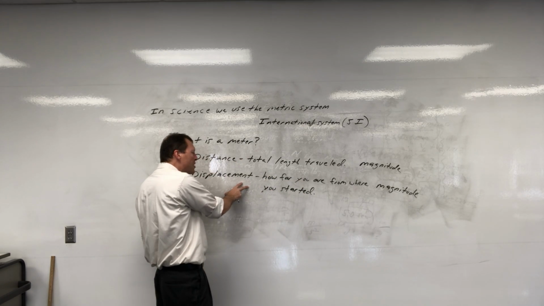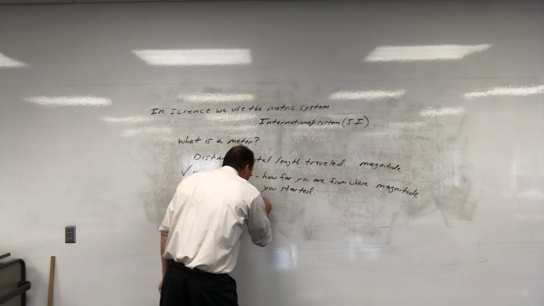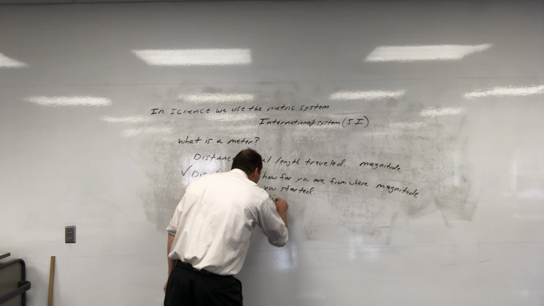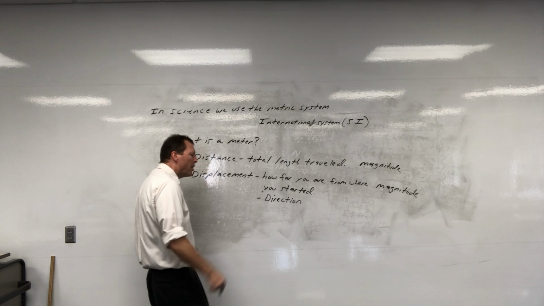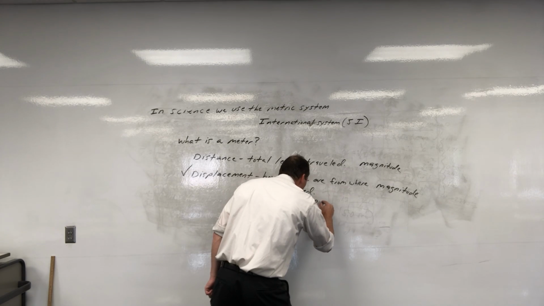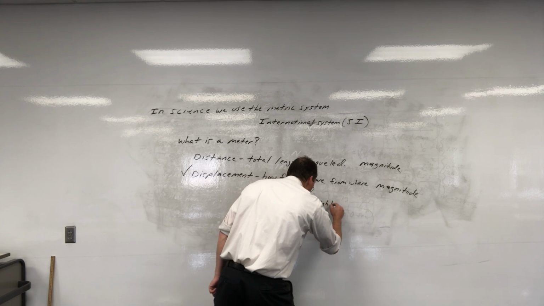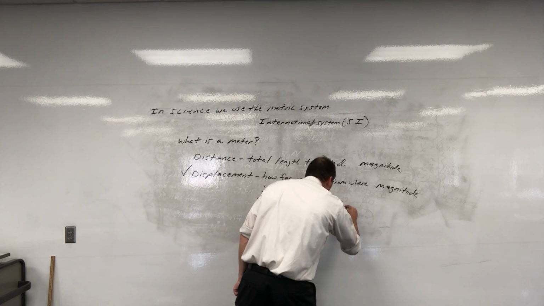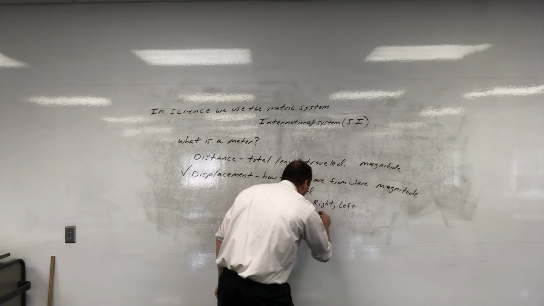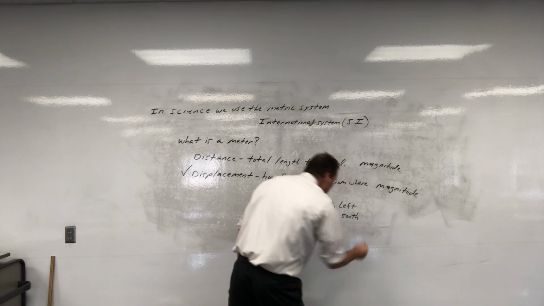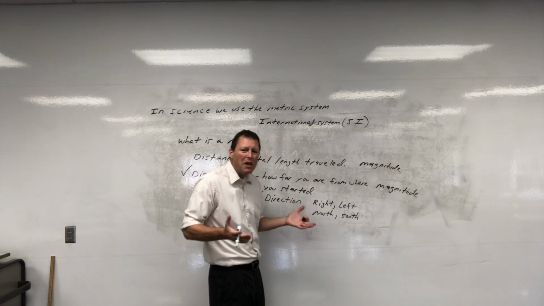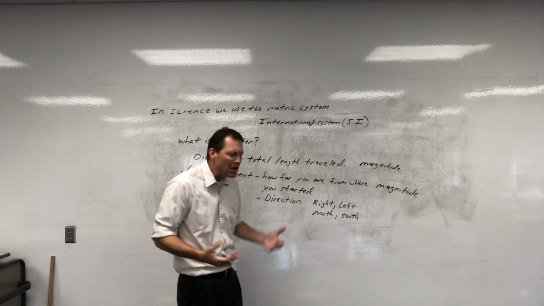Now, in addition to that, displacement also has a direction. Oftentimes, we can indicate that direction by writing right or left or north, south, east, west. We can even use degrees. There's lots of different ways to indicate direction.